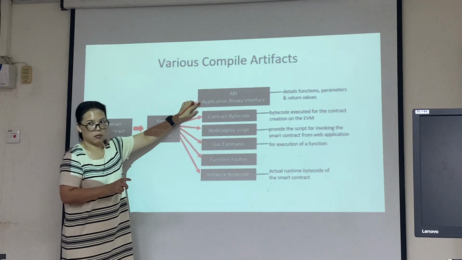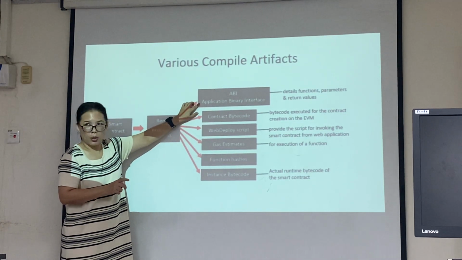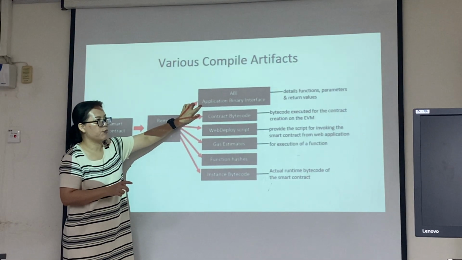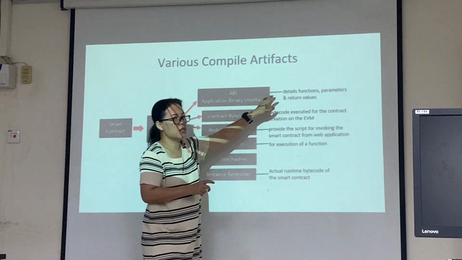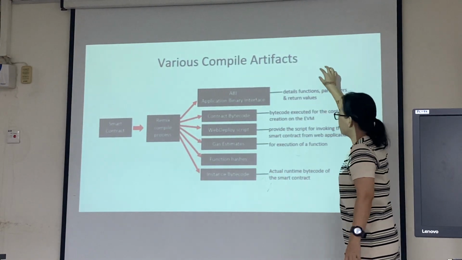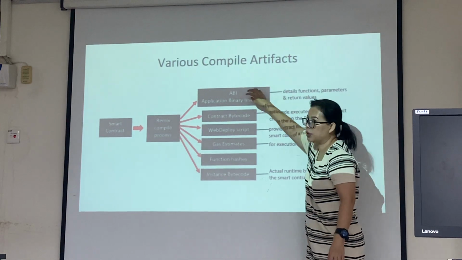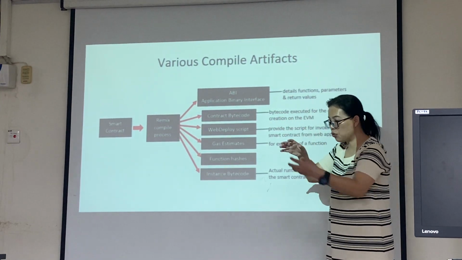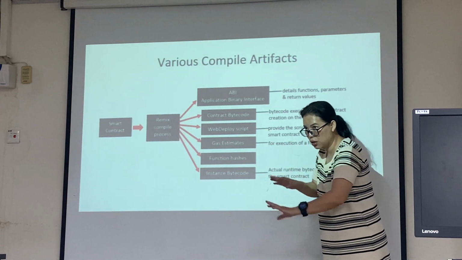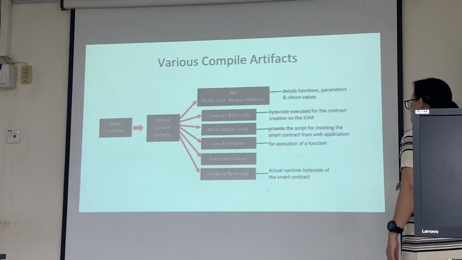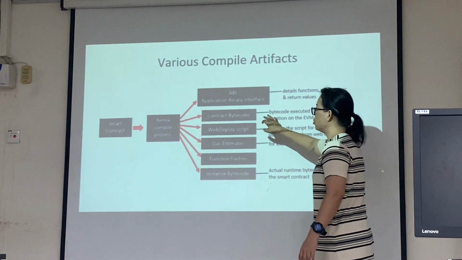ABI is very important because ABI stands for application binary interface. It means it's a detailed function, parameter, and return value. So your front end actually talks to the ABI to retrieve the data. They are not referring to your back end code in detail. They're talking about your front end, how they interact with the contract. And what is the bytecode?